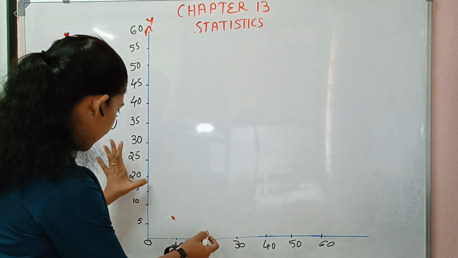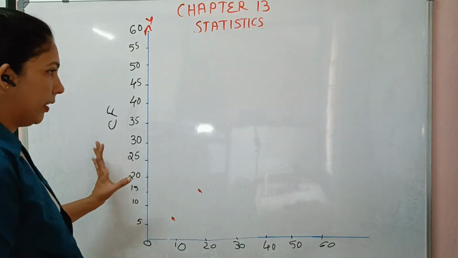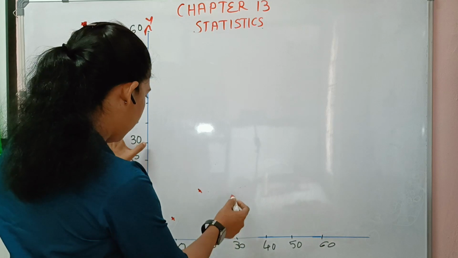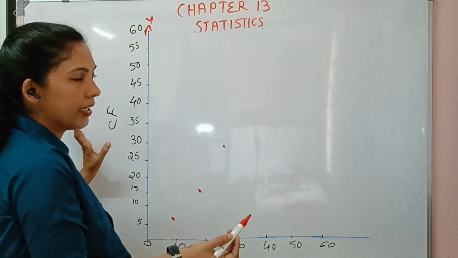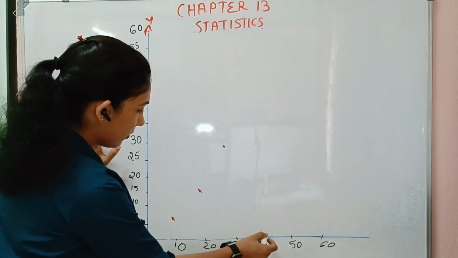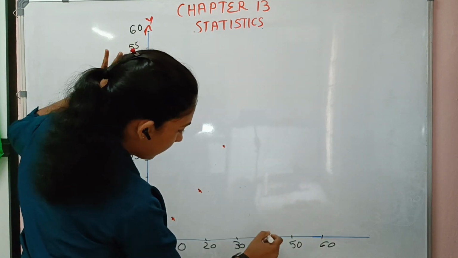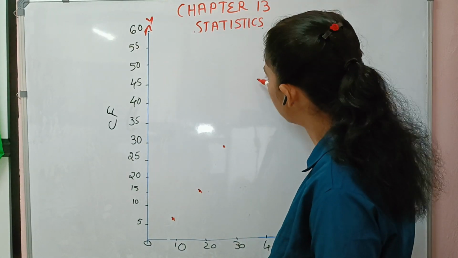Next is 20, 17. 20 and 17 is approximately here. Then 30, 31. 30 is there and 31 is nearly here. Next is 40, 51. 40 is there and 51.